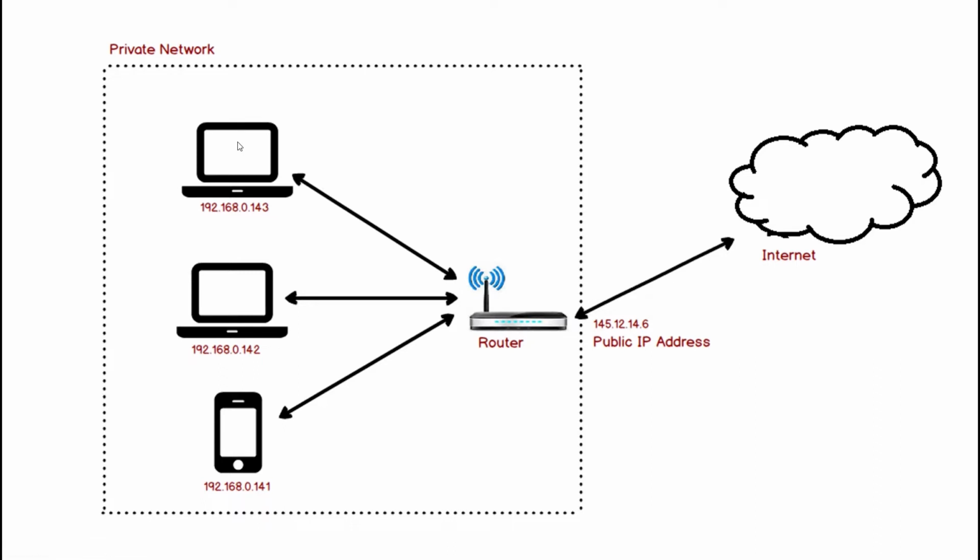So we can control the IP addresses of the private network, but we can't control the IP addresses of the public network. And one thing to mention here is that a private network has specific IP address ranges. So always you can use private IP addresses within a set of IP address ranges.